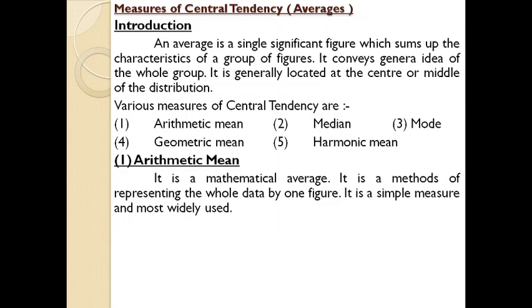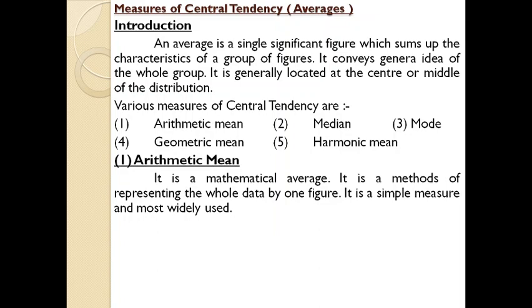We all know what is meant by arithmetic mean. If you have a number of figures, in order to represent all those figures there is a representative value, and that value can be computed using arithmetic mean. For example, if you are given 50 values, instead of remembering all those 50 values, if you are given a symbol or a single value which represents all those 50 values, then that will be easy.